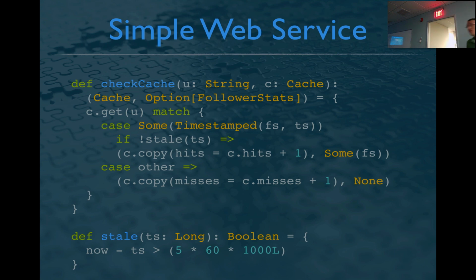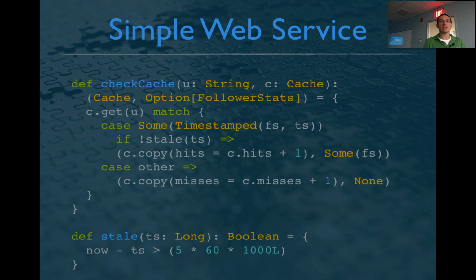And here's our implementation of checkCache. We have this cache object. It has a get method that takes a string, the username, and it returns you an option of a timestamped value. So in this case, we're saying if we got back some timestamped follower stats that has a timestamp ts, and that timestamp is not stale, then return a copy of the cache, and we're going to increment the hit counter.